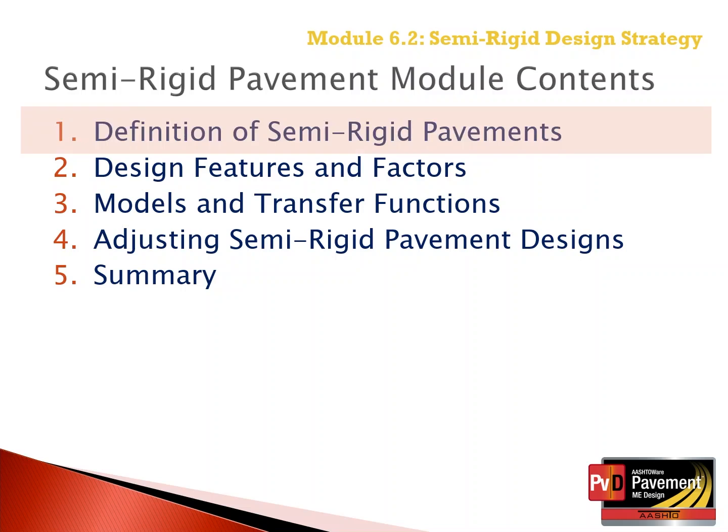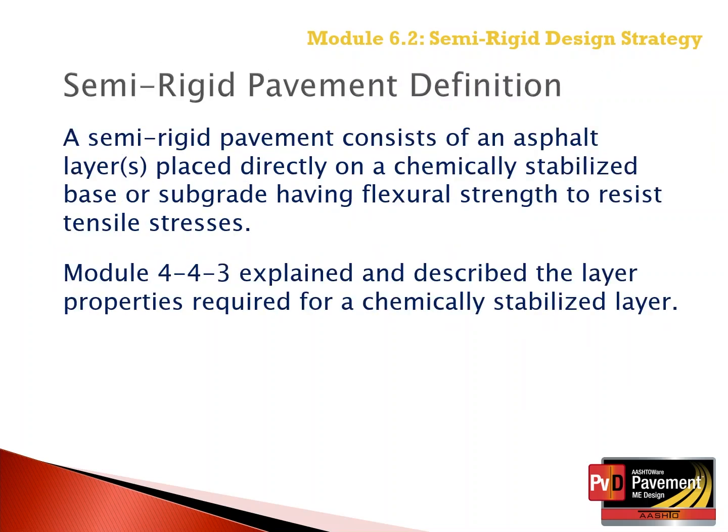So we're going to start with the definition of semi-rigid pavement as it applies to the MEPDG. Basically, a semi-rigid pavement consists of an asphalt layer, one or multiple layers, that are placed directly on a chemically stabilized base or subgrade, but more importantly, that chemically stabilized base or subgrade has flexural strength that can resist tensile stresses.